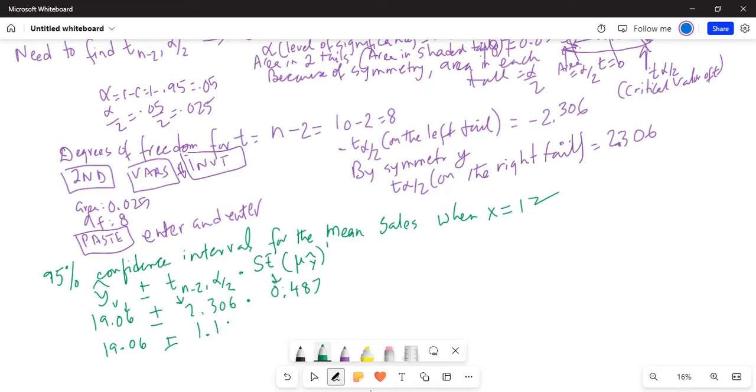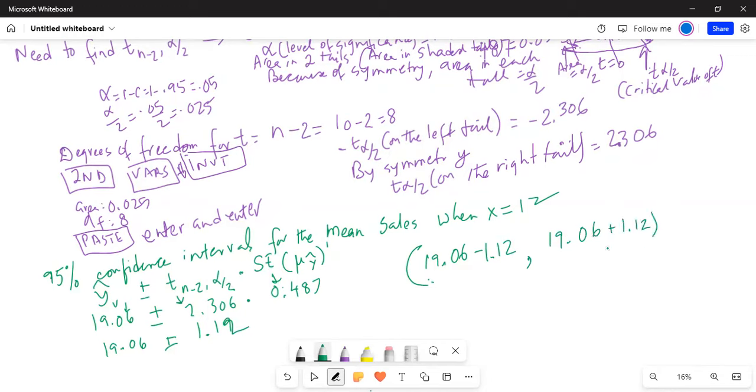So what is my 95% confidence interval then? It's 19.06 minus 1.12, the lower boundary, and the upper boundary is 19.06 plus 1.12.